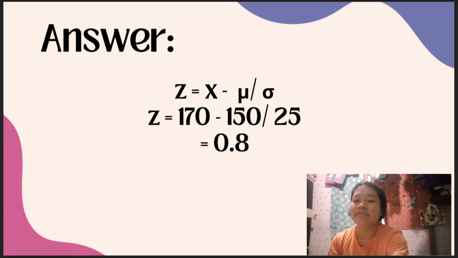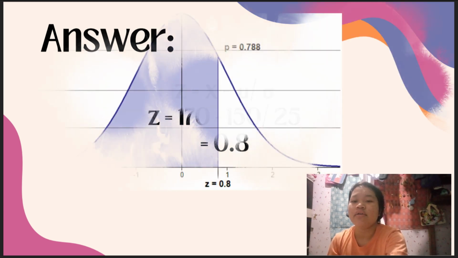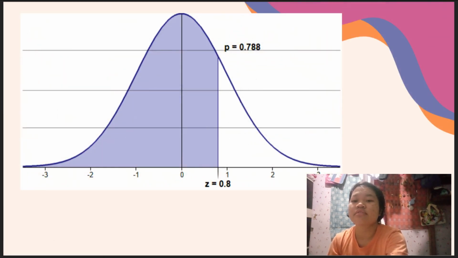So the answer for this is z equals 170 minus 150 over 25 is equal to 0.8. Using a standard normal distribution table, the percentage is approximately 21.42%.